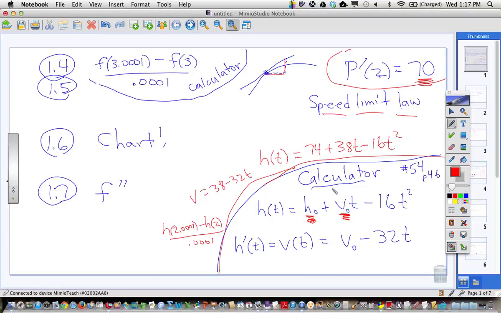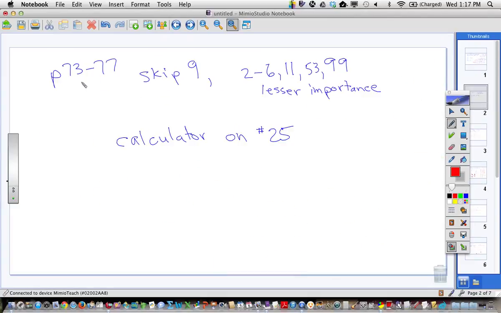All right, last thing would be on your assignment sheet down at the bottom. There are some review exercises there. There's a bunch of them, and most of them are pretty good. But I have found a few that you probably would not need to do. I would say you can skip number 9.